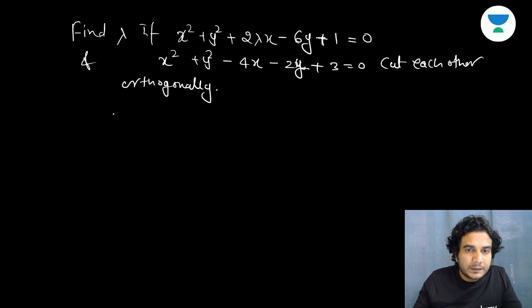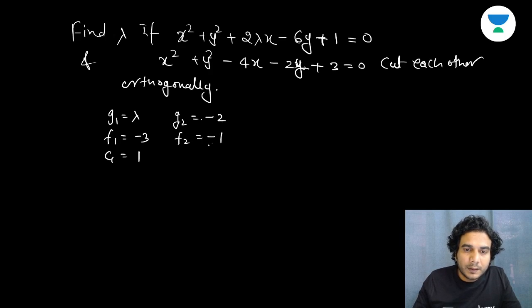In the first circle, g1 is equal to lambda, f1 is equal to minus 3, and c1 is equal to 1. Similarly, g2 is equal to minus 2, f2 is equal to minus 1, and c2 is equal to 3.